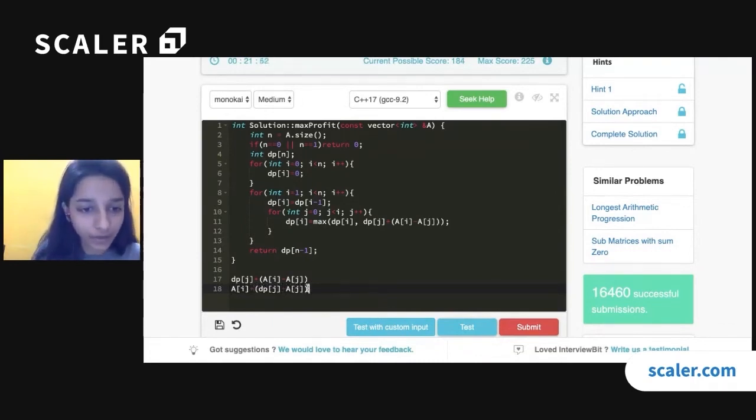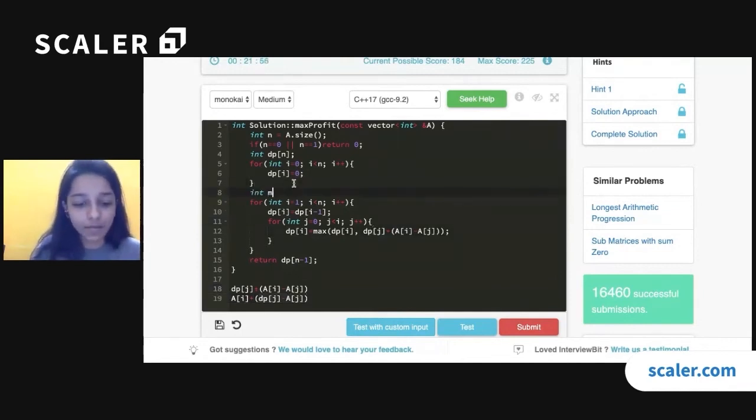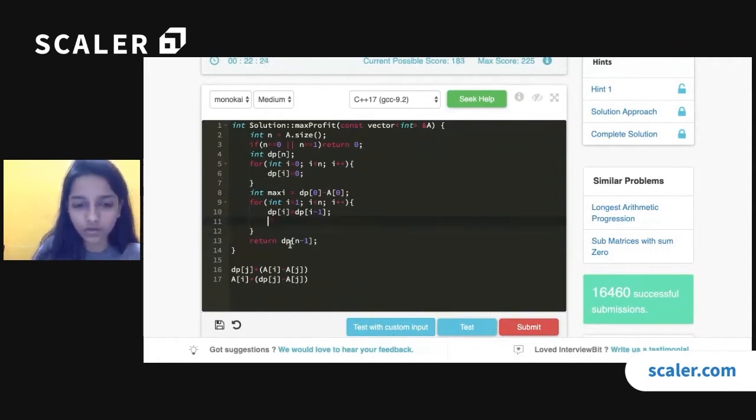Now I am trying to store this value. So here I can maintain a maxi variable, which is initially equal to 0 minus a of 0. So basically this will be gone. This will be gone.